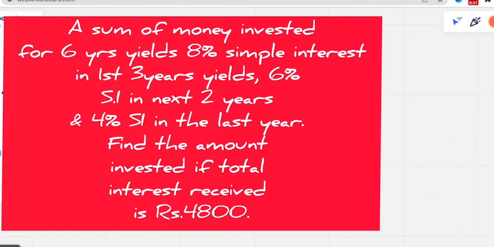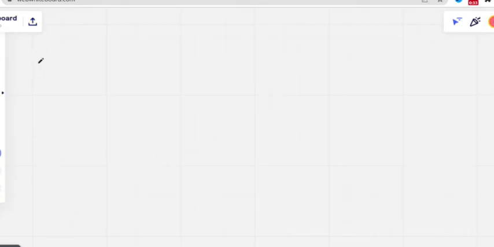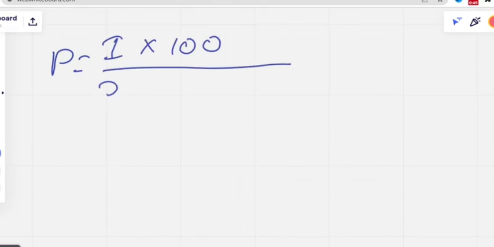I have already written a formula for you. If the rate of interest varies for different time periods, we have a formula: the sum is calculated as P equals interest into 100 by R1 T1 plus R2 T2 plus R3 T3.